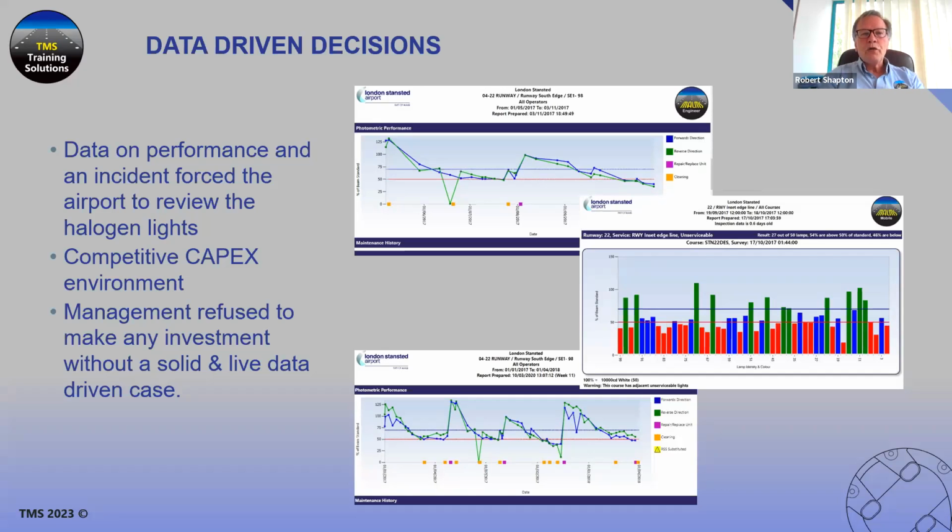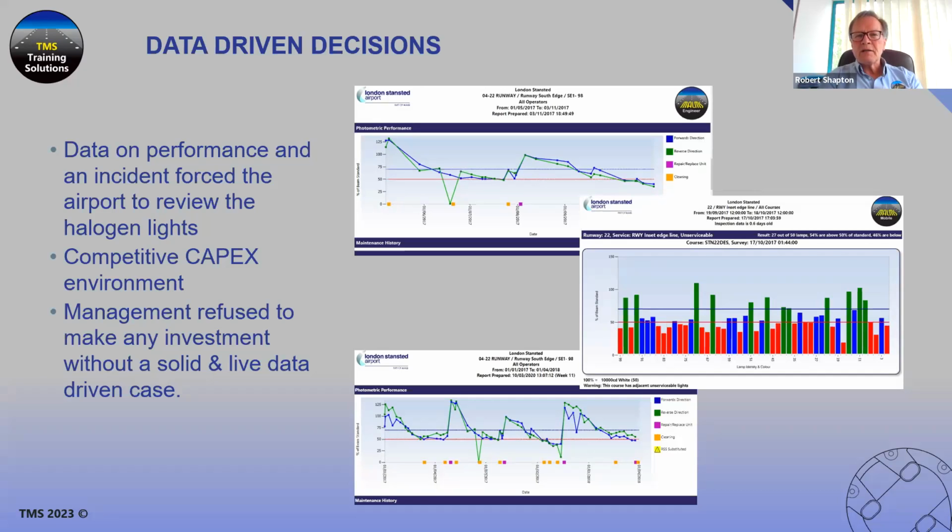However, although LEDs were put forward as a solution, a competitive capital expenditure environment at the airport required the airfield lighting team to put forward a business case to support their gaining access to quite a large sum of money from the capital budget for the year.